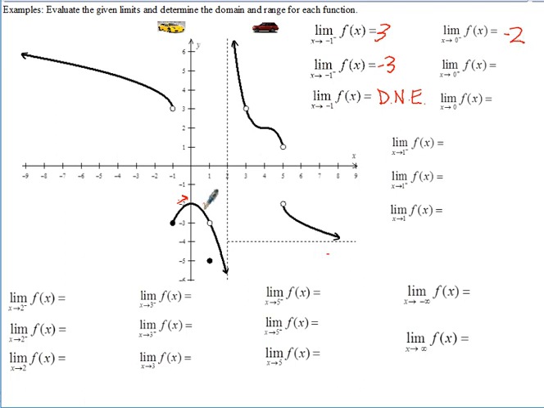From the right, x approaches 0 from the right, it's also approaching -2. So those are the same, so your general limit is also -2.